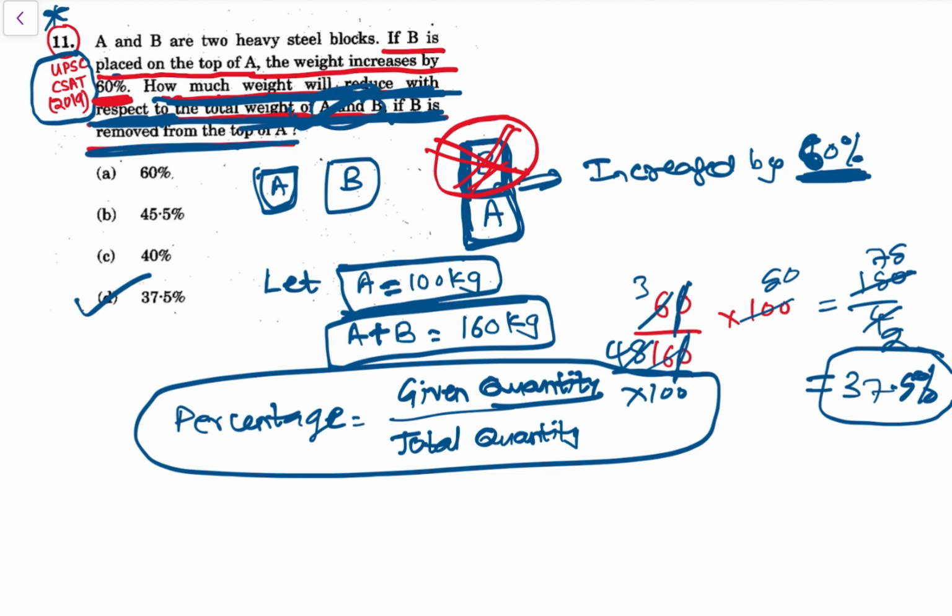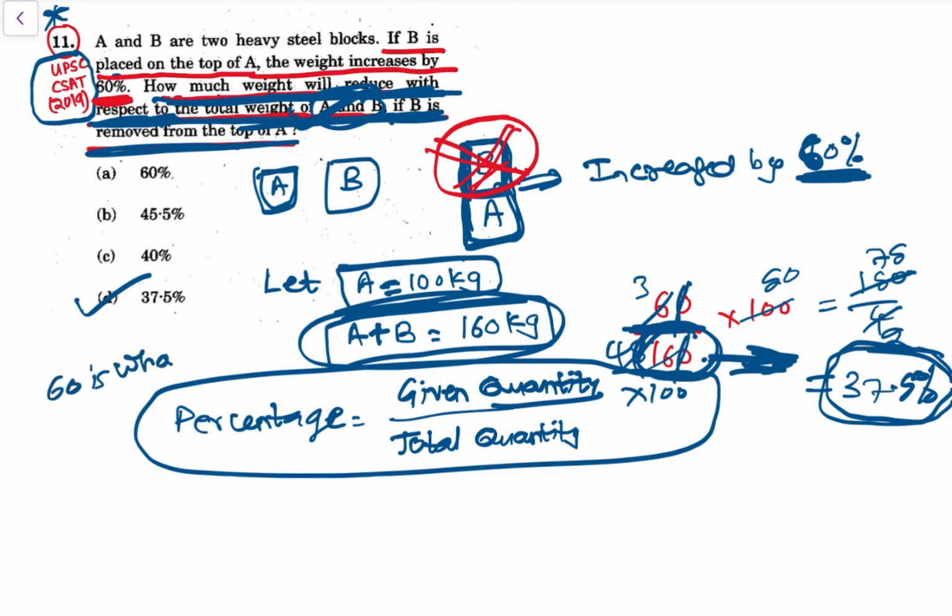So total weight of A and B is 160. Then B is being removed, so this would be the given quantity. So it would be 37.5% of total, that is 160. Basically this is nothing but 60 is what percent of 160.